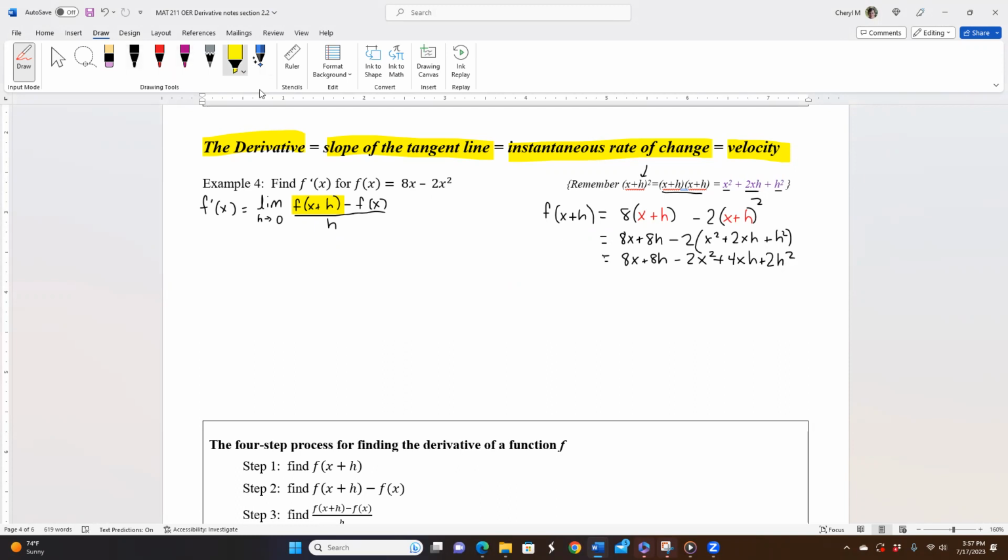So this whole thing is the same as this part of our numerator. Rewriting this, we're going to get this.